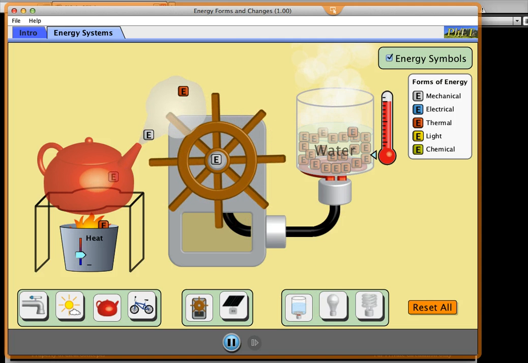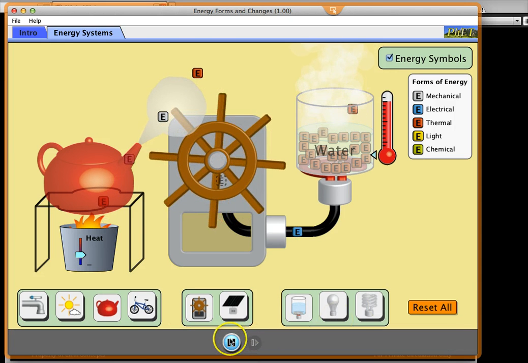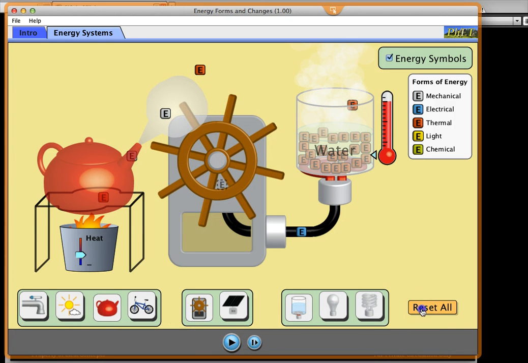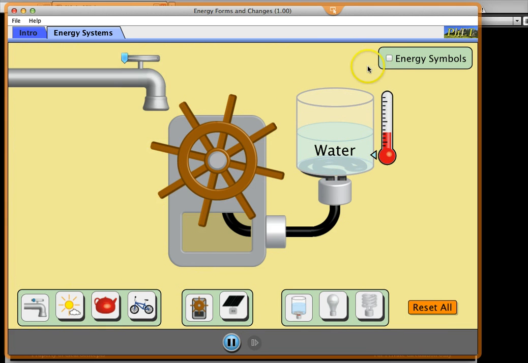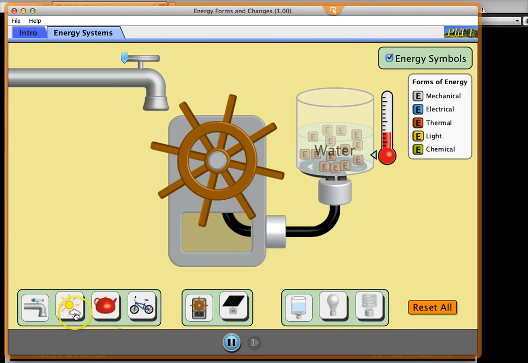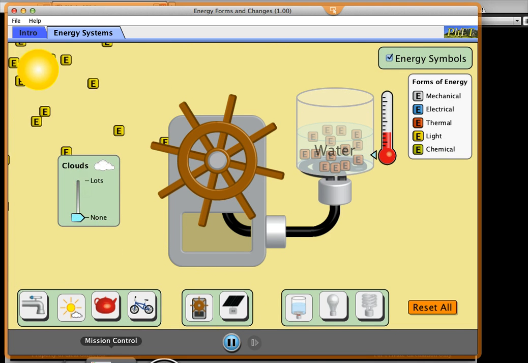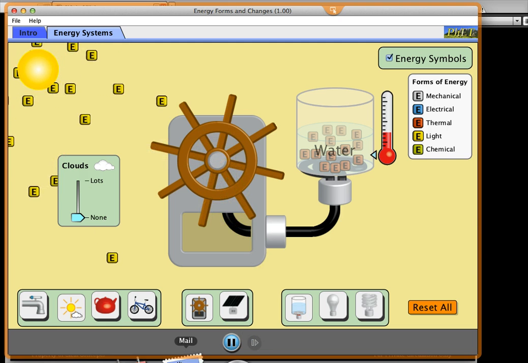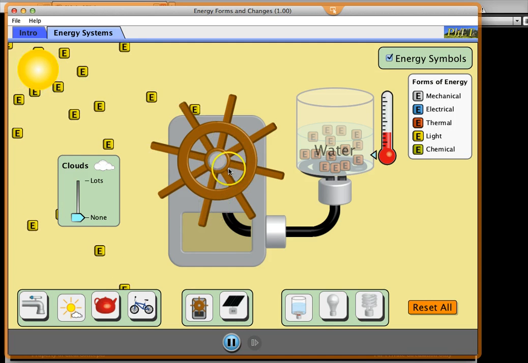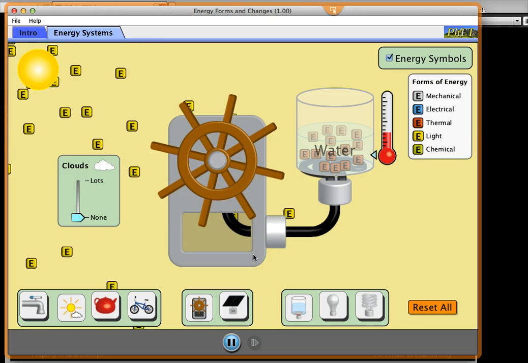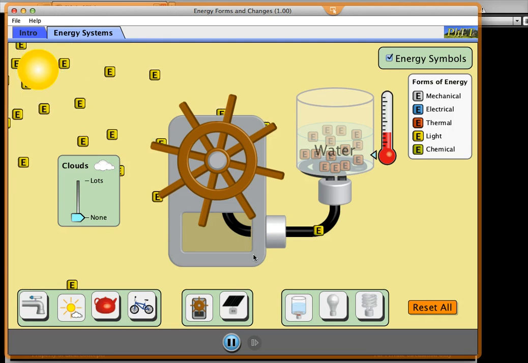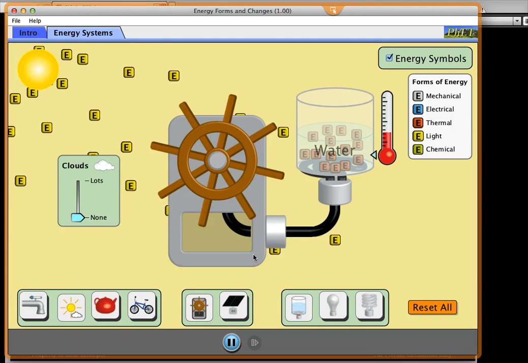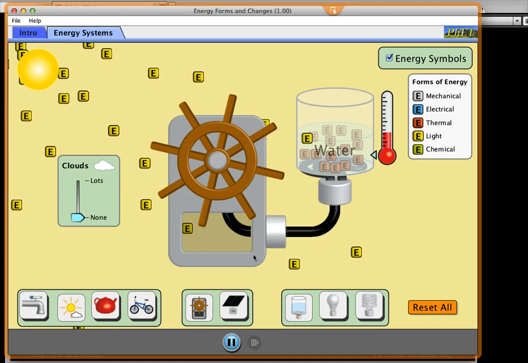Alright, let me just replace things again just to show you something else. Let's use solar power. Now if you use solar power, will a mechanical converter do? Can you see the converter moving? It doesn't, right?